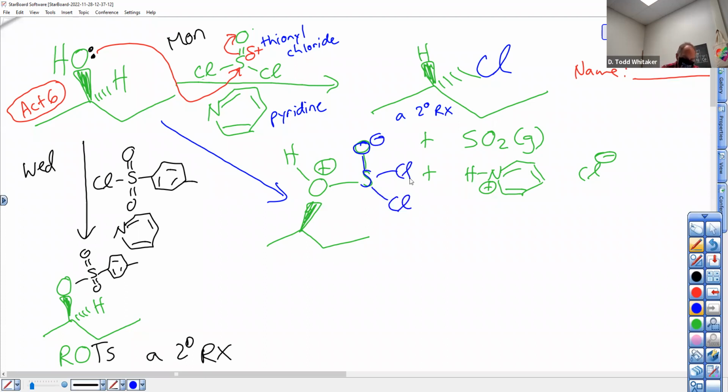Pyridine is an amine-ish. It behaves very much like an amine. It's a base. It's not a strong base, but we don't need a strong base. We have a strong acid, right? Please use pyridine now and not at the beginning of the reaction. We have 3 students in this room who thought it was okay to take the H off of an alcohol with a weak base.